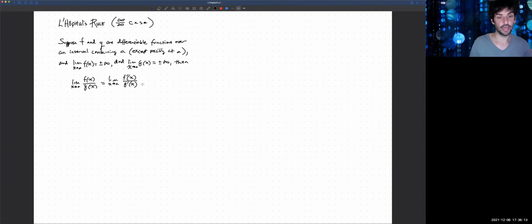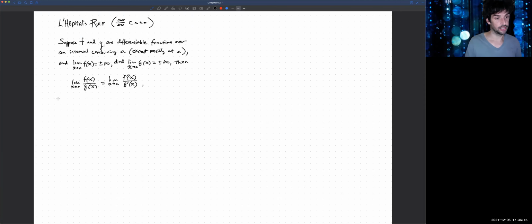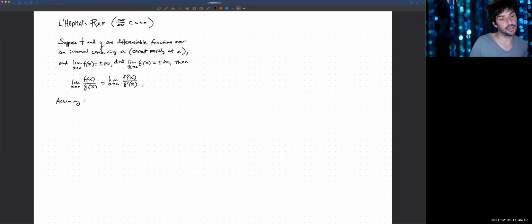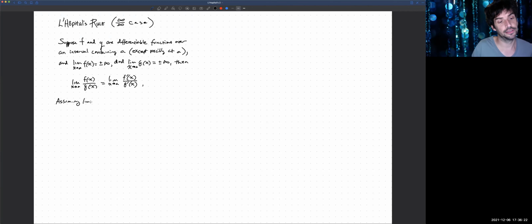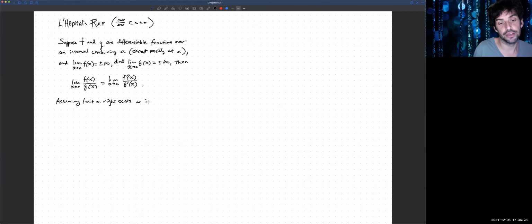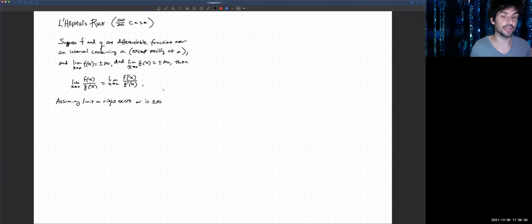Okay, assuming the limit on the right exists or is itself an infinite limit, right?